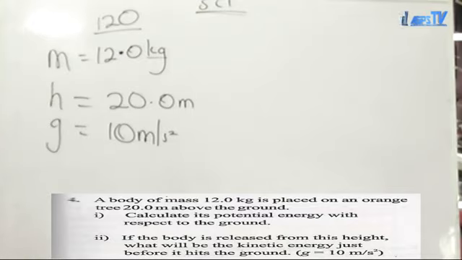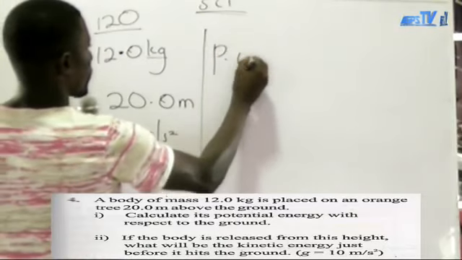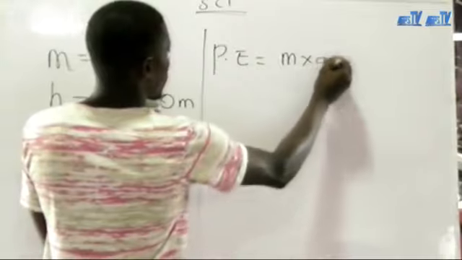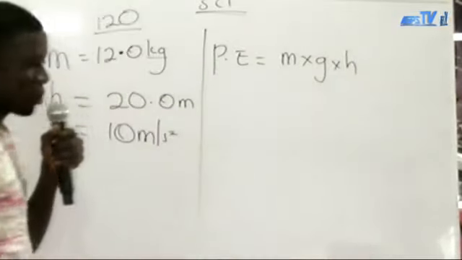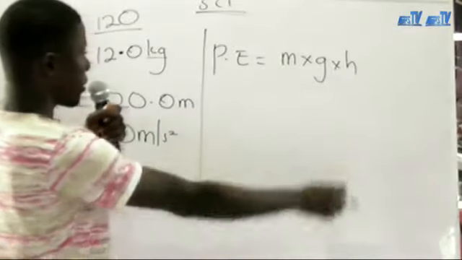Before you start solving the question, you write down the parameters. After writing down the parameters, then you write down the formula. So you can see it on your screen. Potential energy is mass times gravity times height.